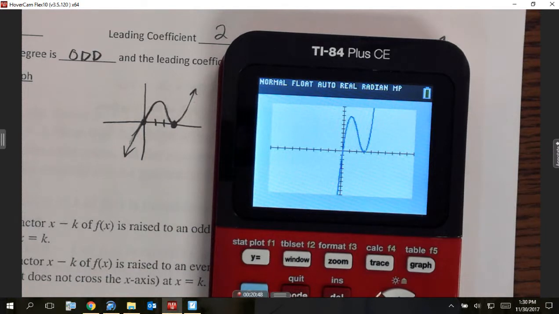I think that's pretty good. Following? You may have issues with your calculator when you type it in yourself. Obviously.